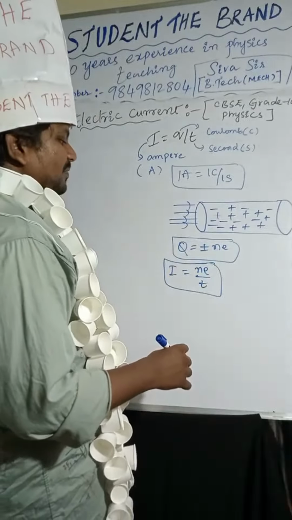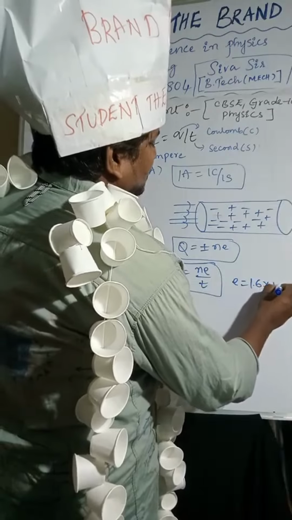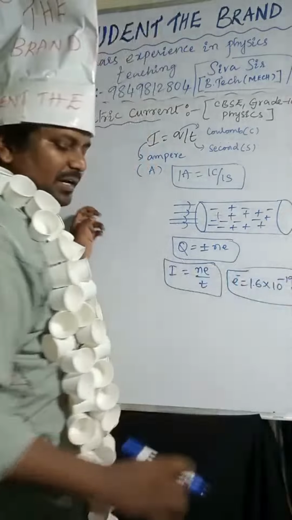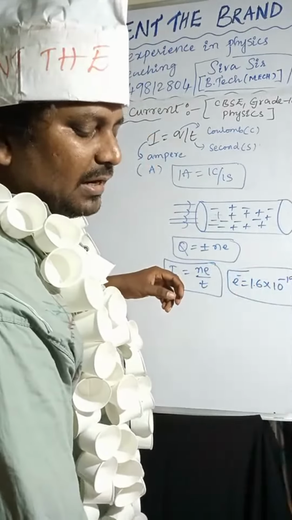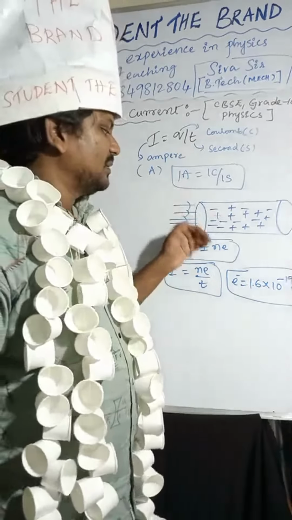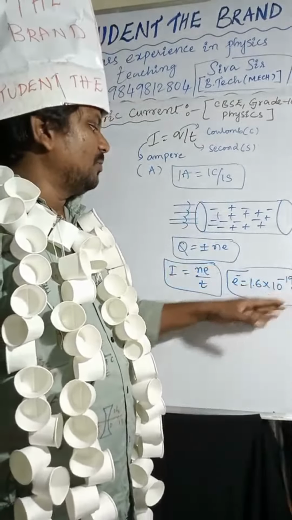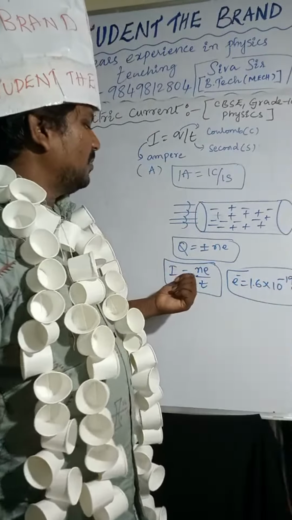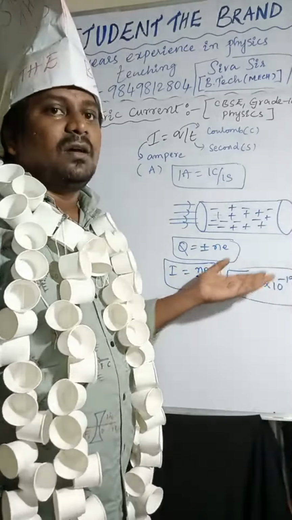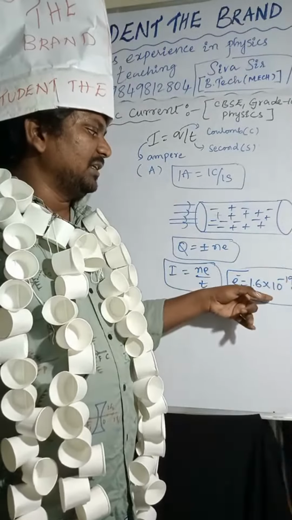Here e is the charge of one electron, which is 1.6 into 10 power minus 19 coulomb. On one electron, how much charge is present? 1.6 into 10 power minus 19 coulomb.